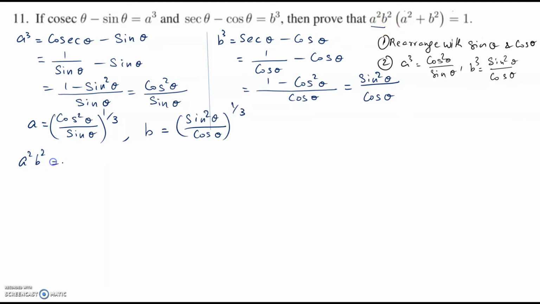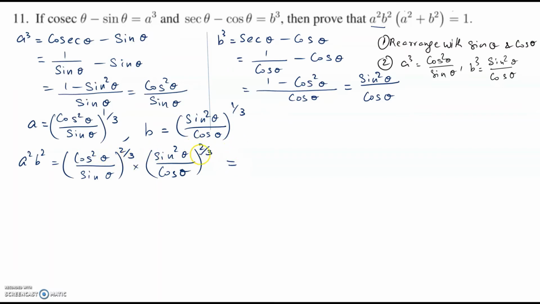A squared times b squared is equal to, let's put these values here, cos squared theta by sin theta to the power, because it's a square, 1 by 3 will become 2 by 3, times b, which is sin squared theta divided by cos theta to the power, again it's a square, so our 1 by 3 will become 2 by 3.